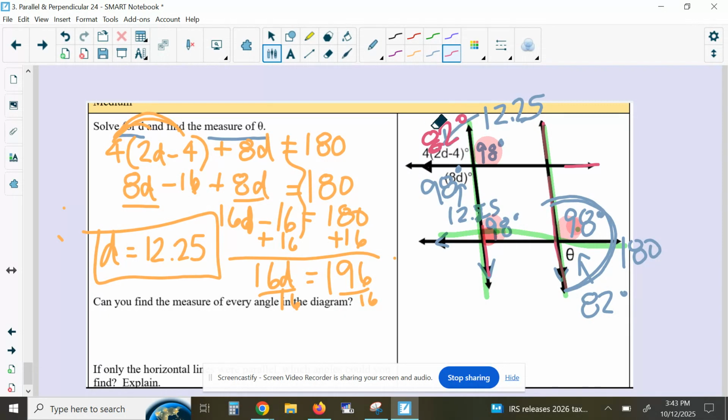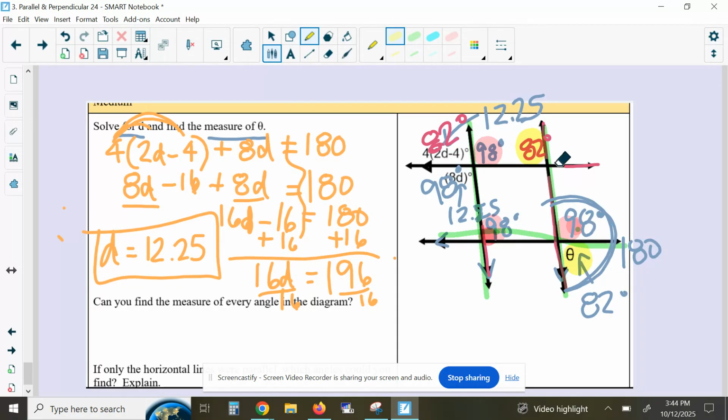Now I could have gotten this 82, and that could have gotten me over to here, and this would be 82 by corresponding angles. And then you see that this 82 right here and this theta are alternate exterior angles, so they are congruent to each other. So I could have gotten 82 here and gotten to this 82.